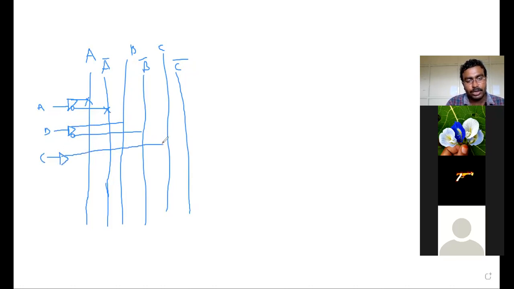From C, I'm taking a connection to the line C, and its complement also can be taken to the C bar. So these are the input buffer side, students. We have given all the inputs, A bar, B bar, C bar are available in these lines. Now after getting the buffers, we need to go for the programmable AND matrix. Then we need to go for the programmable OR matrix, students.